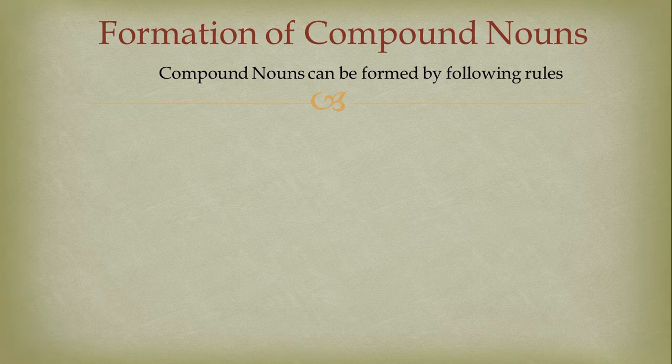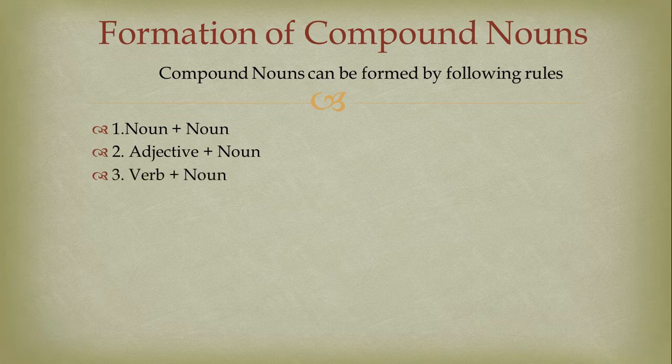Viewers, compound nouns can be formed by following rules. Which are they? They are: number 1, noun plus noun. Rule number 2, adjective plus noun. Rule 3, verb plus noun. Formula 4, noun plus verb.